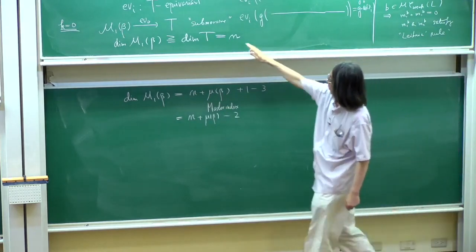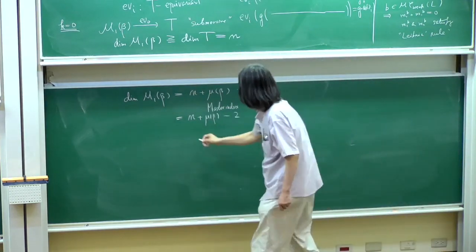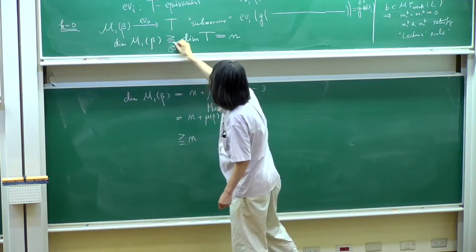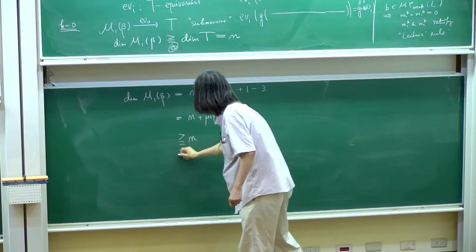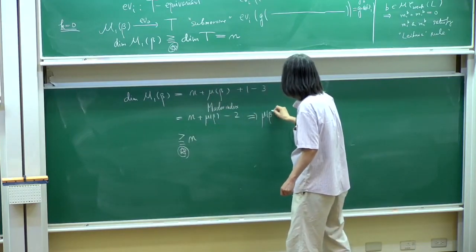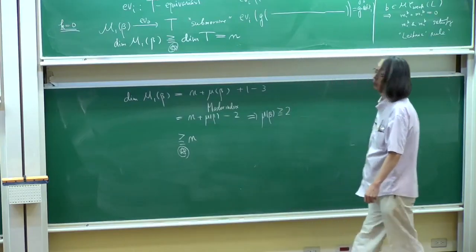And because this is at least n, so this means that this mu beta must be at least 2.